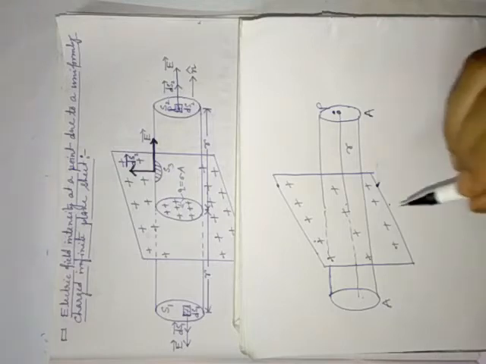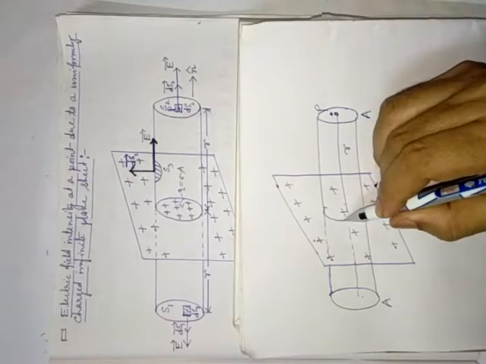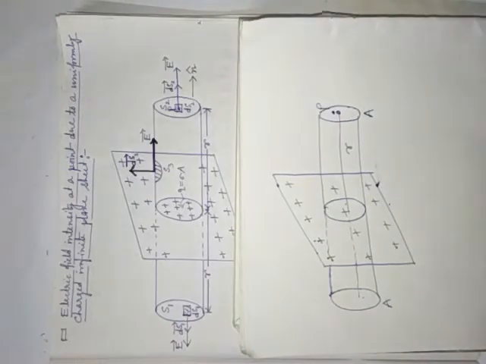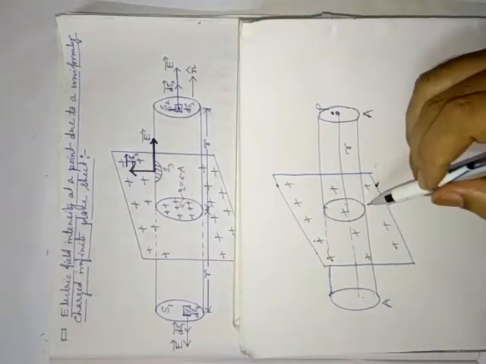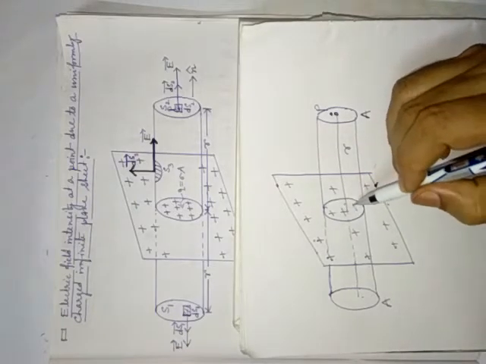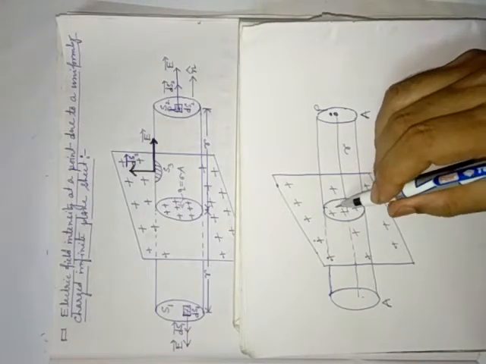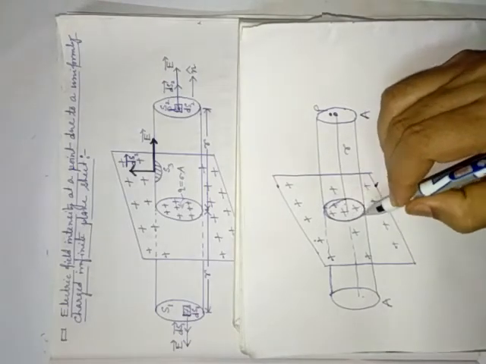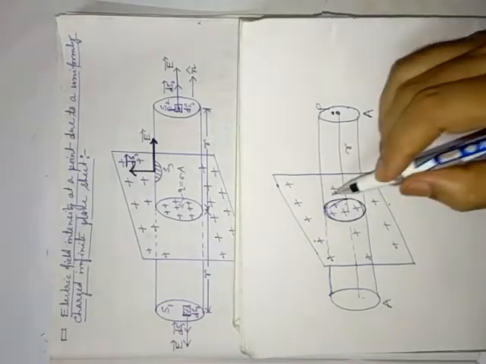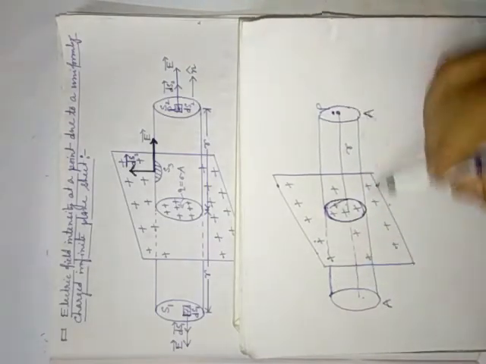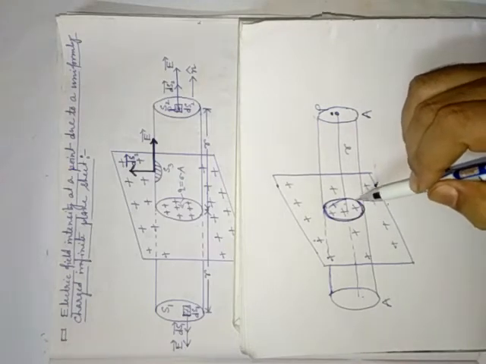Since the cylinder passes through the positively charged plane sheet, it cuts a circular, disc-shaped portion of the plane. That means whatever charge is present inside this whole cylinder is located here only.